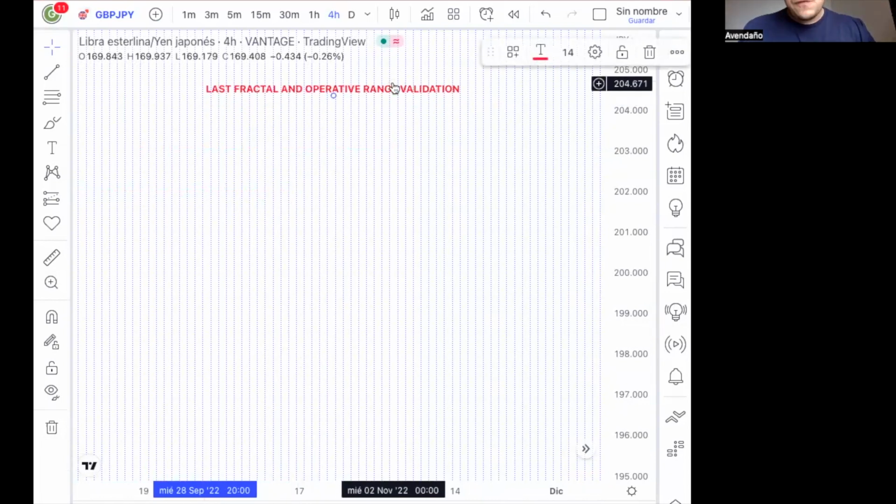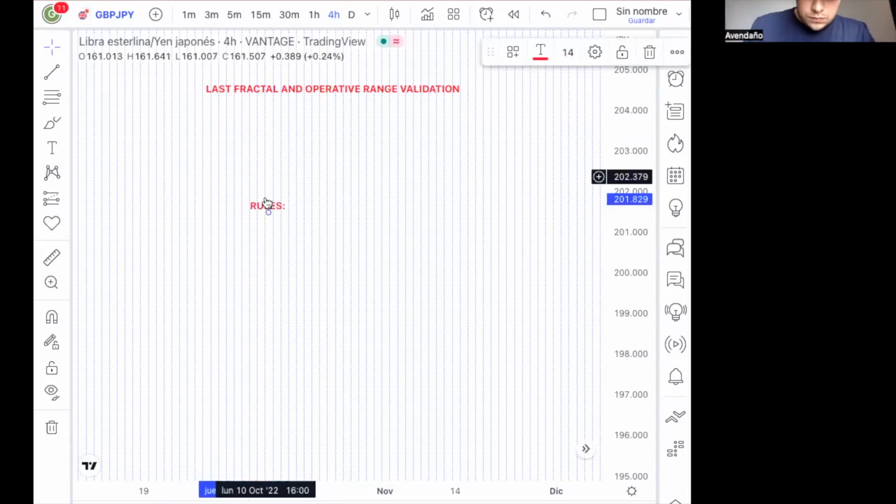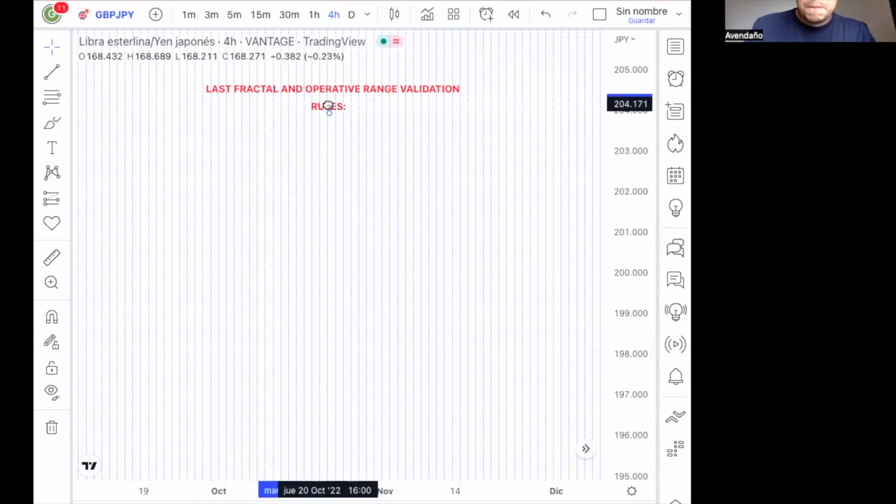In order for us to validate the last fractal, we will need to follow some rules, and it's pretty simple. I'm going to give them to you very quickly right here.